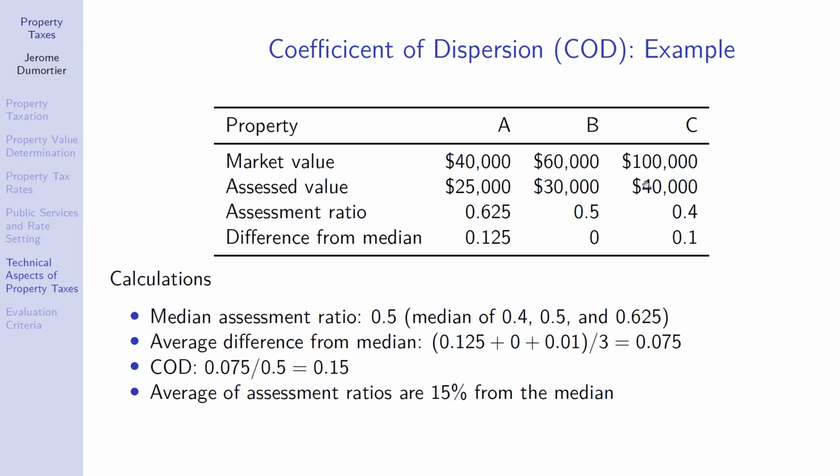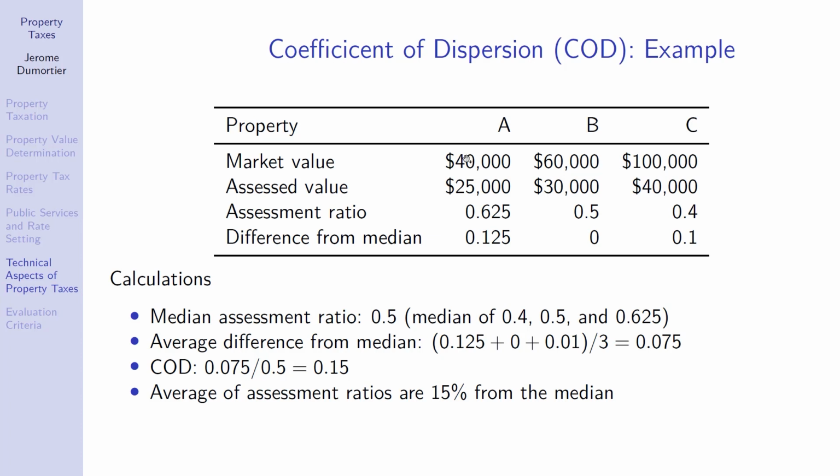And then you can see the assessment ratio of 0.625, 0.5, and 0.4. Okay, so you are getting those values by dividing the assessed value by the market value. So 25,000 divided by 40,000 is 0.625.